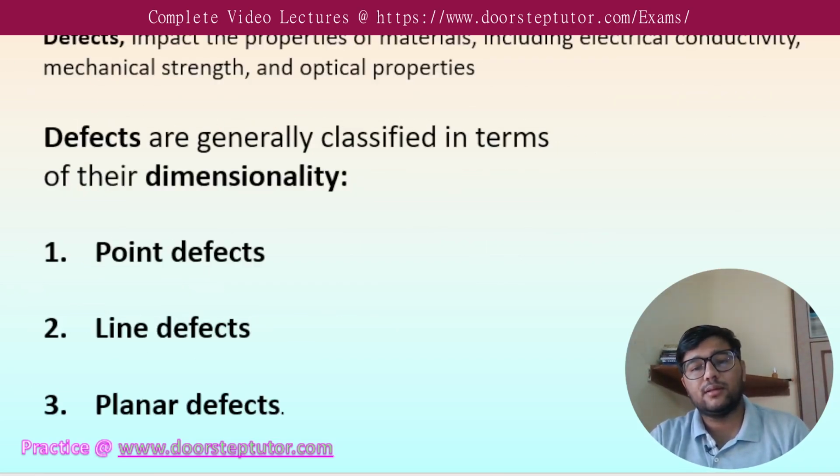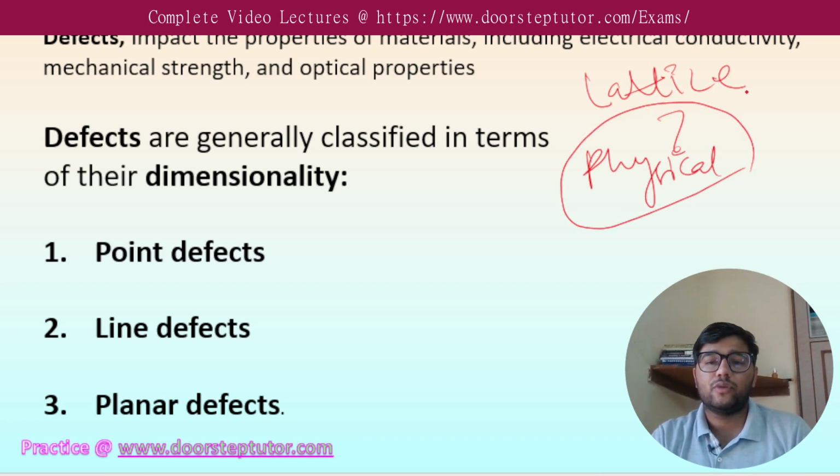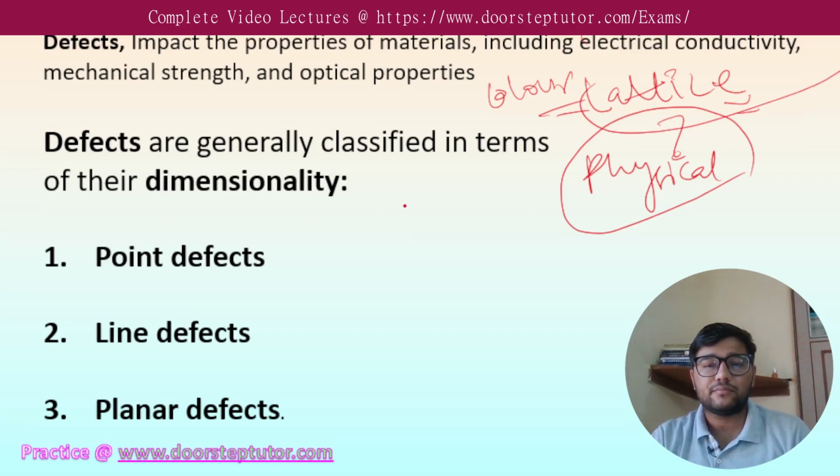The defect that occurs in the lattice will ultimately affect the physical appearance or optical properties of the crystal. It can give a colorful appearance to the mineral, or it can affect the electrical conductivity also, because if the charge is neutral in a crystal, it will not give us an electrical property, but if any ion is reduced or any cation is introduced, the crystal can give us electrical conductivity.